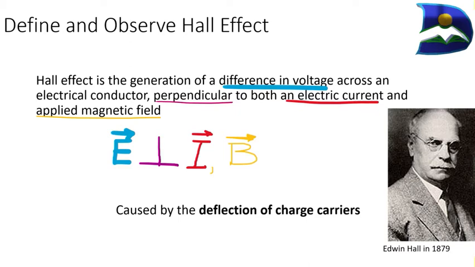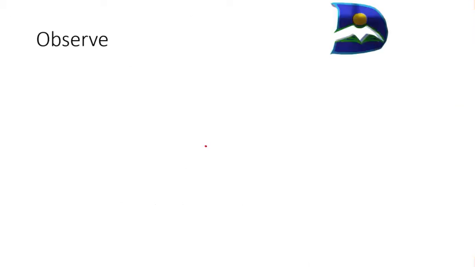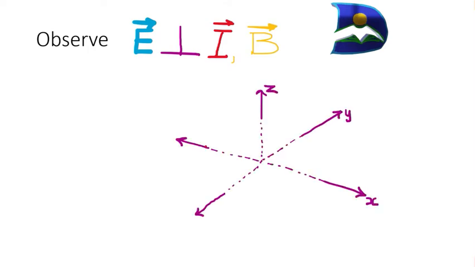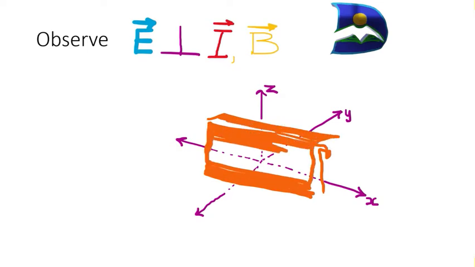So let's look at the observation of this, looking at a specific material. The electrical field is perpendicular to both the current and the magnetic field. Here we have a three-dimensional plane with axes X, Y, and Z, and a specific material.